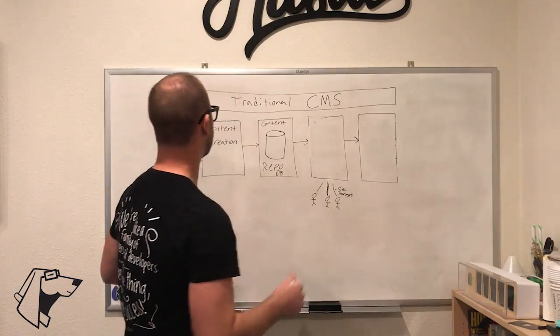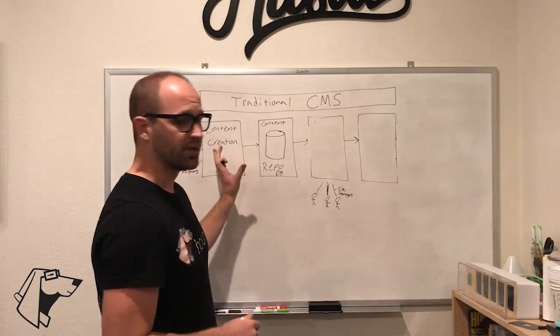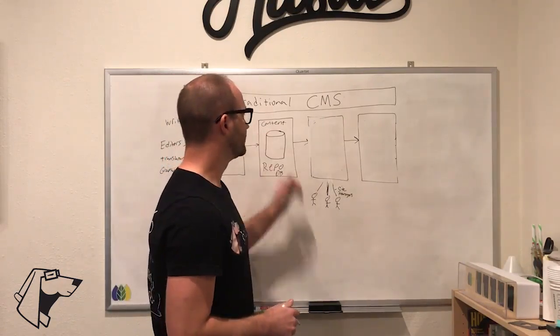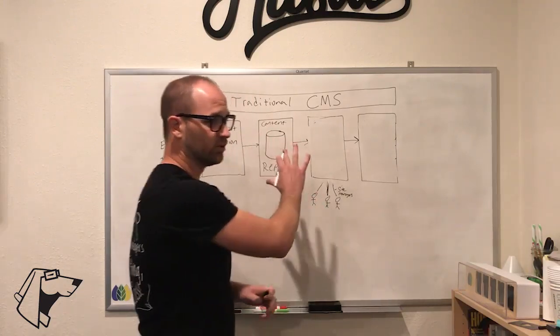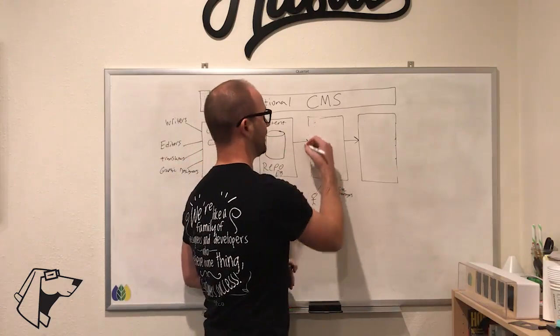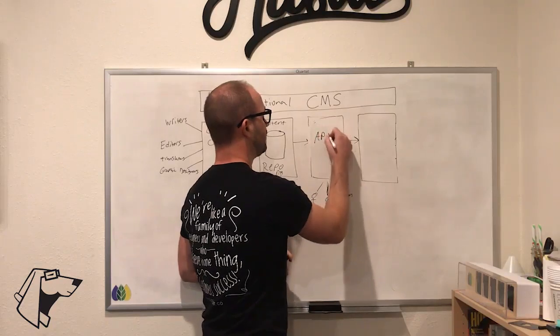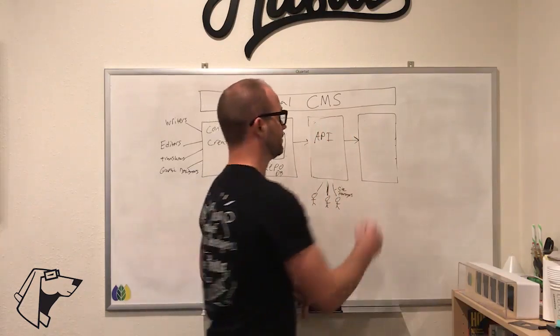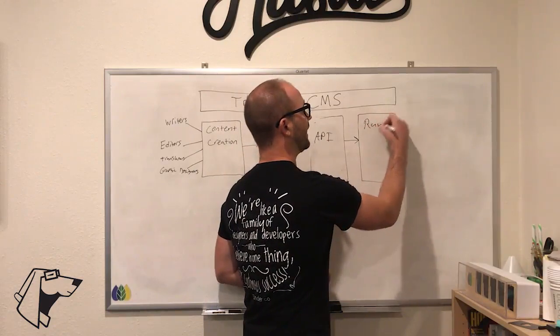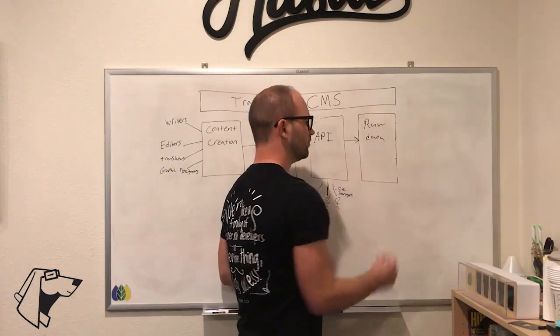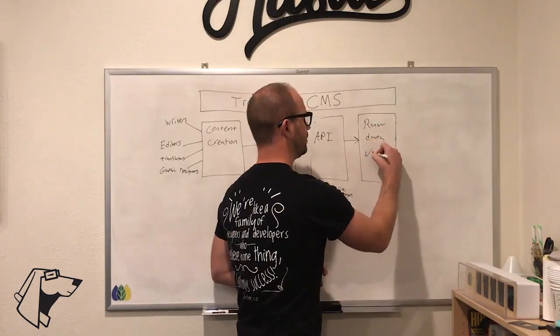So what this looks like is you have your content creation, it gets put into a database, but the only difference is this content is now web driven. There's an API that delivers the content through a raw data format, most commonly JSON.